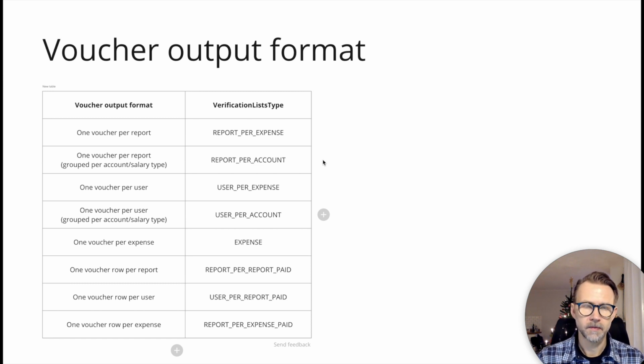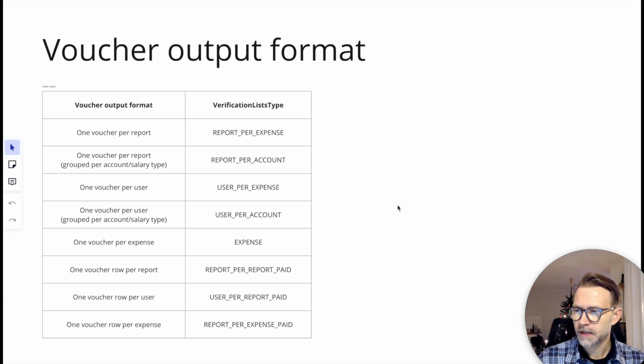And if you have many reports, many users, many expenses, you will get a lot of bookkeeping lines. If that's the way you want to store the data, that's fine. But we have the possibility with this called grouped per account and salary type to aggregate all the rows that use the same account number into just one row.